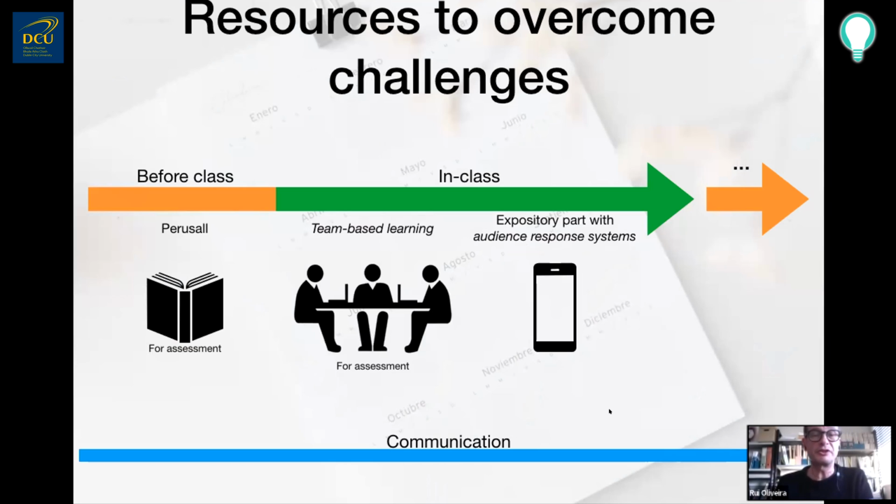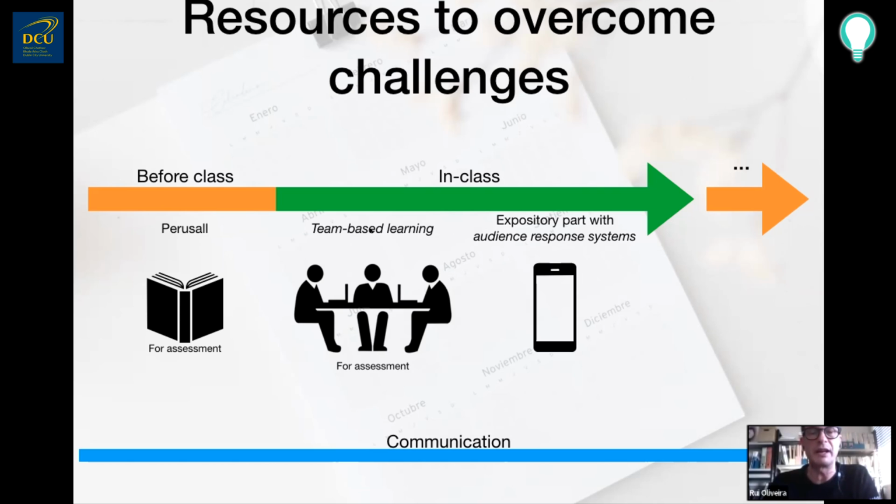These methodologies and technologies were implemented as is depicted in this slide. Every class, before the class, I gave a reading assignment in the Perusal platform for the students to read before the class. The beginning of each class started with team-based learning.